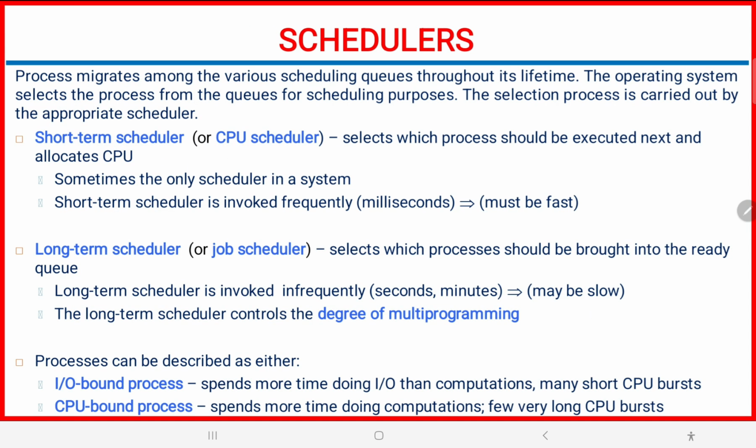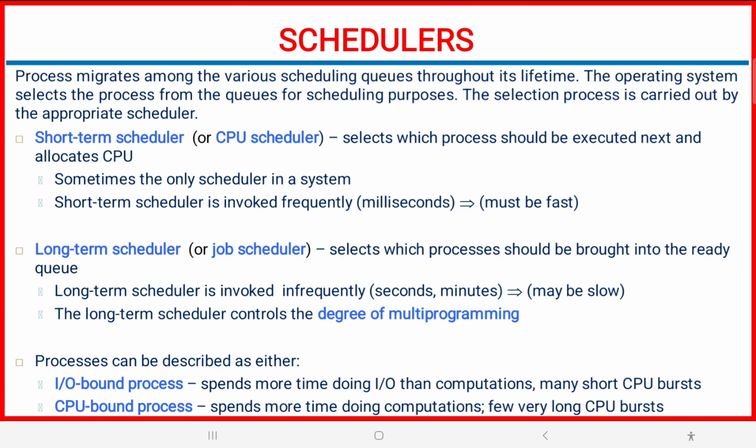So far we have read that during its lifetime, a process migrates between the ready queue and various waiting queues. And it is the scheduler that picks a process from the processes present in the ready queue, and the process which is chosen is forwarded to the CPU for its execution.